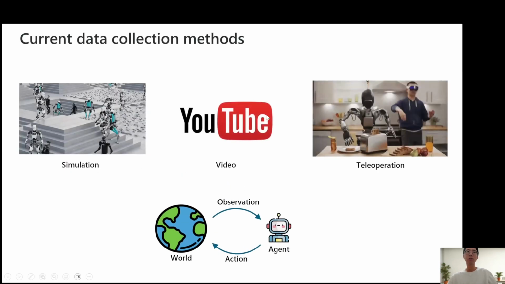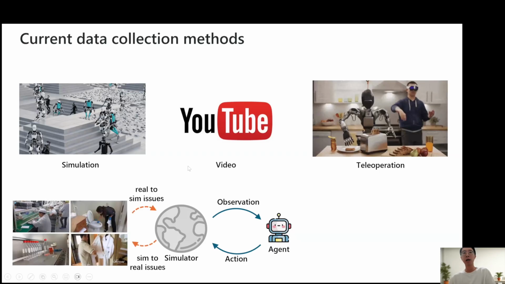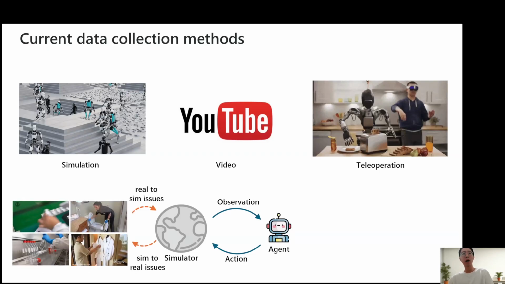And nowadays, there are three common ways to collect the manipulation data. They are simulation, video, and teleoperation. For simulation, we have seen a huge success, especially in humanoid locomotion, right? But when it comes to manipulation, it's actually pretty challenging because just imagine how many scenarios we have.